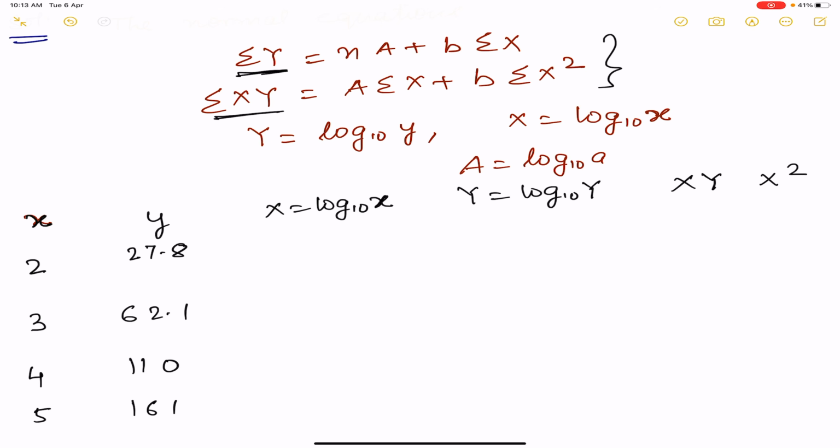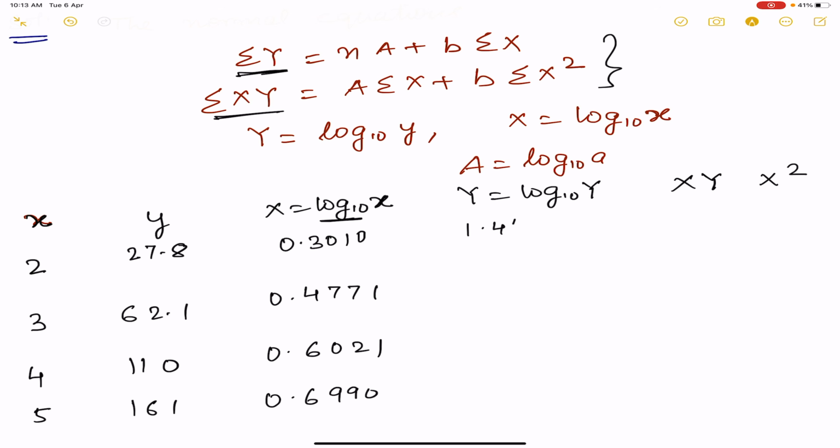So let us find the value of log 10 x. You may use your calculator, and it is 0.3010, 0.4771, 0.6021, 0.6990. Similarly, find the log of small y.